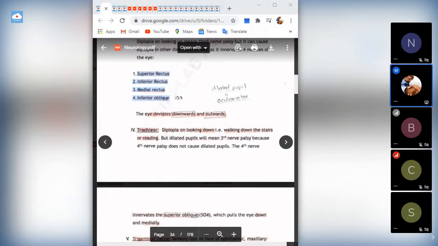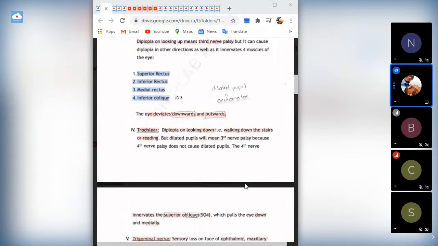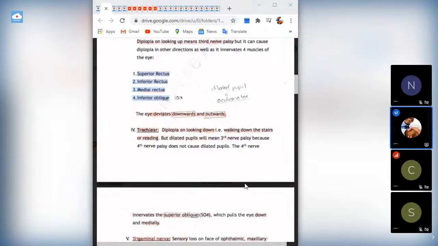Okay, so LR6, SO4, A3. Okay, so now trochlear nerve will handle superior oblique, SO4. Okay, so the fourth nerve will handle the superior oblique. And what does the superior oblique do? Because it is superior and oblique, it will put the eyes downwards and inwards, kind of the opposite direction.